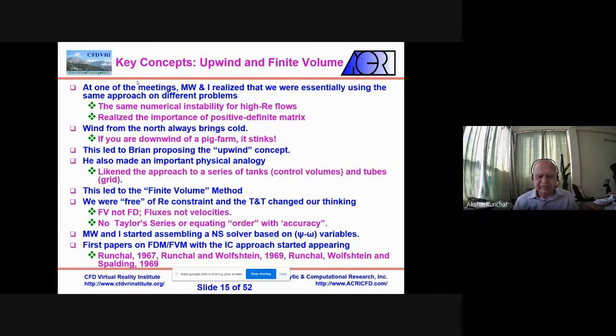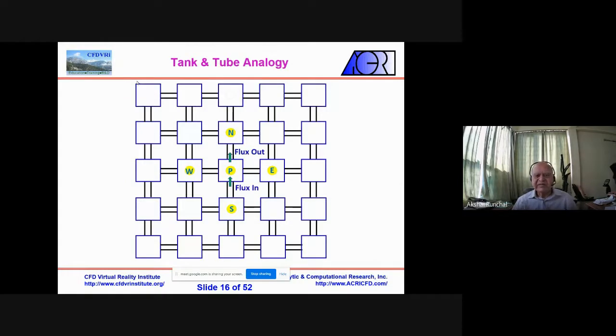So we started assembling this code, and then that code became the standard code for Imperial College, and also it was in our book. So it has become the basis for many courses since that time. So you might look upon this as a finite difference grid, where these are your center points and these are grid lines. Or you can look upon it as Spalding did.